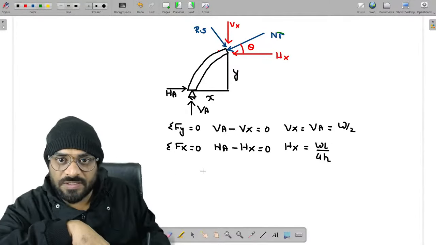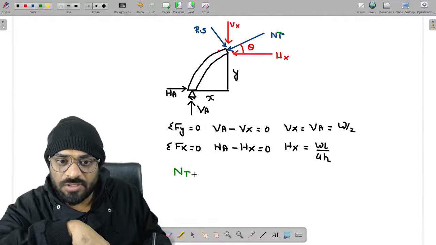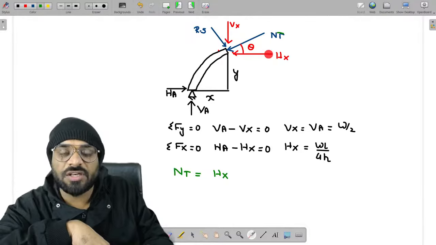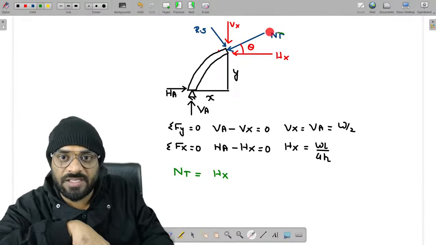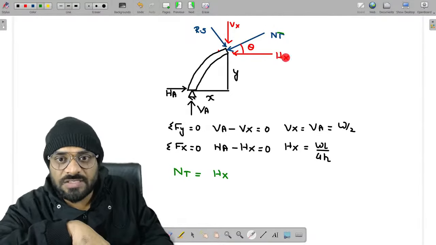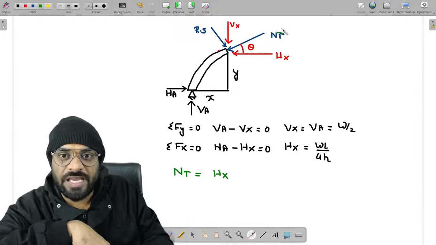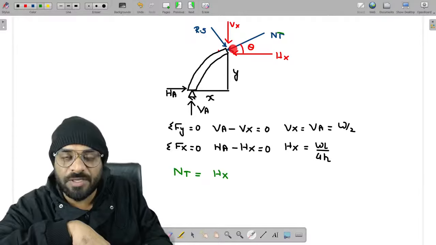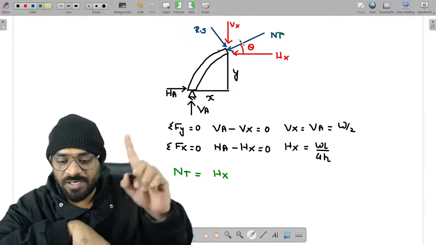Now guys, please remember the formula to write down the normal thrust. So normal thrust is equal to, now listen guys, this is Hx and this is Vx. You need to take the component of Hx and Vx in the direction of normal thrust. If these components are along the normal thrust direction, that is positive. If it is opposite to the direction of normal thrust, that is negative.